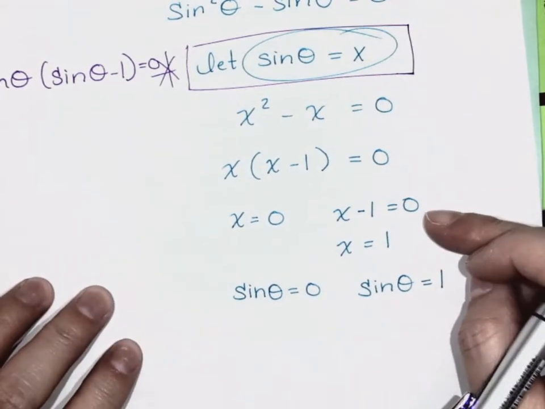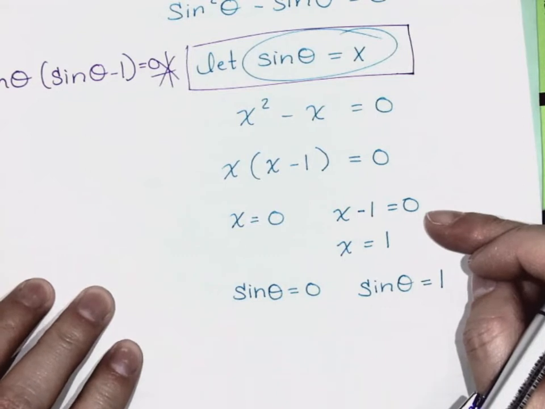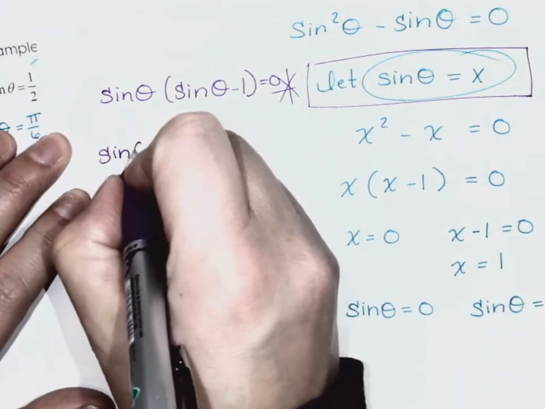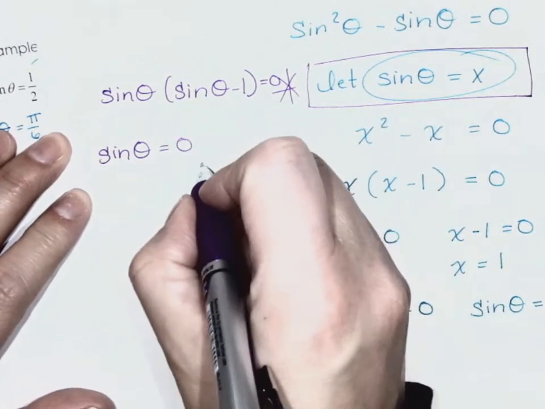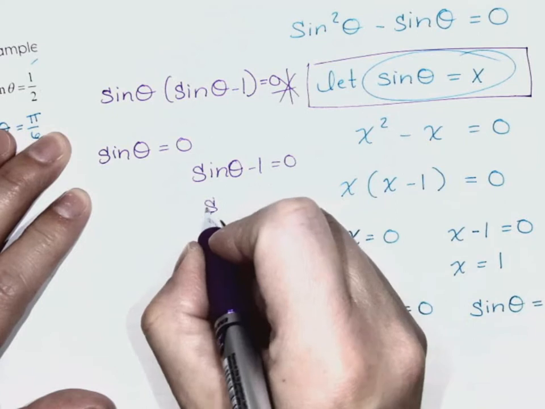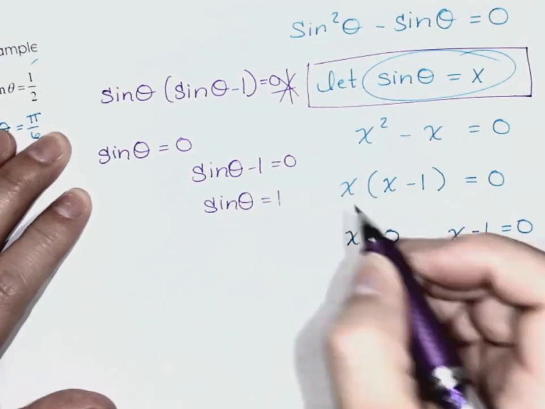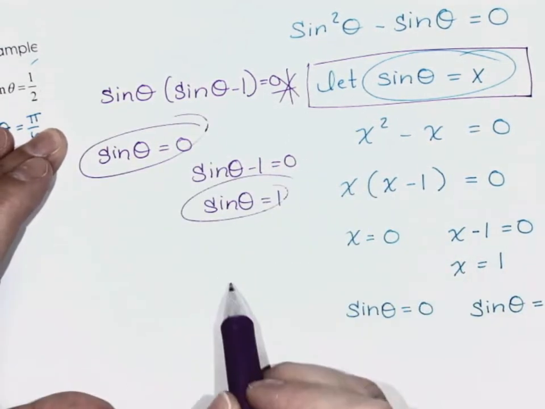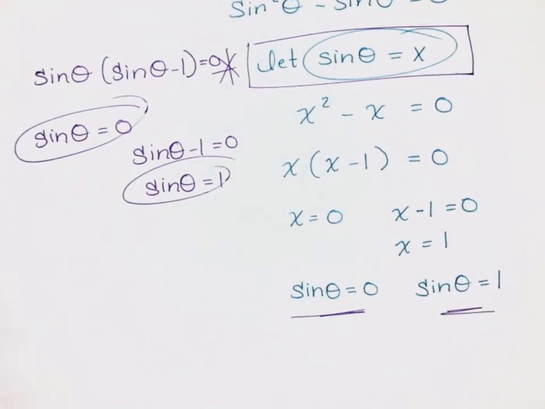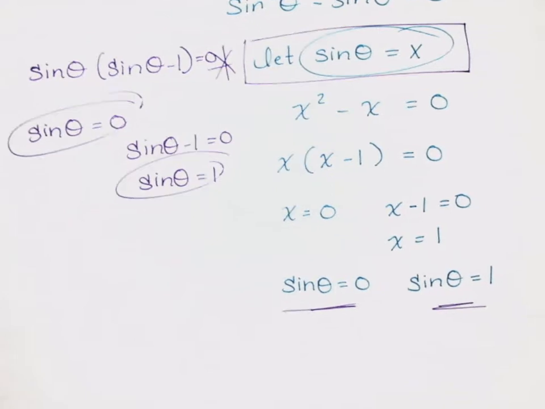This is a really good strategy. But you totally can do it the other way as well, because this would be sine theta equals 0, and this would be sine theta minus 1 equals 0, so sine theta equals 1, which is the exact same thing you have down here. Does that make sense to everybody? I'm okay with you doing it whatever way makes the most sense to you.